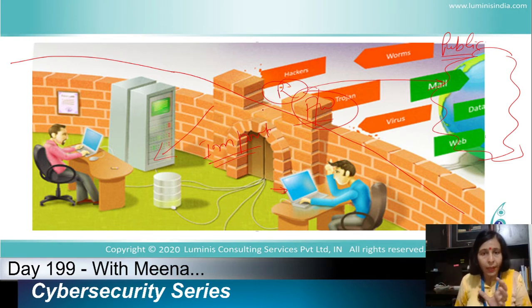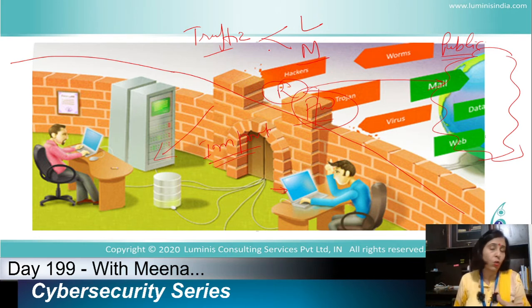So we need a certain device or software which can help differentiate the traffic, whether it is legitimate traffic or malicious traffic. And how do we come to know this is legitimate and this is malicious? Then we need some rules and regulations, and a firewall provides exactly these things.